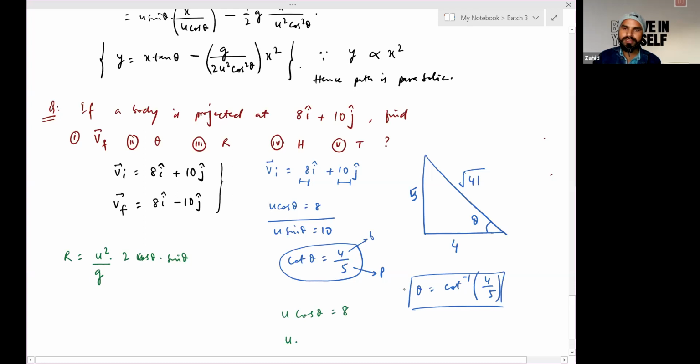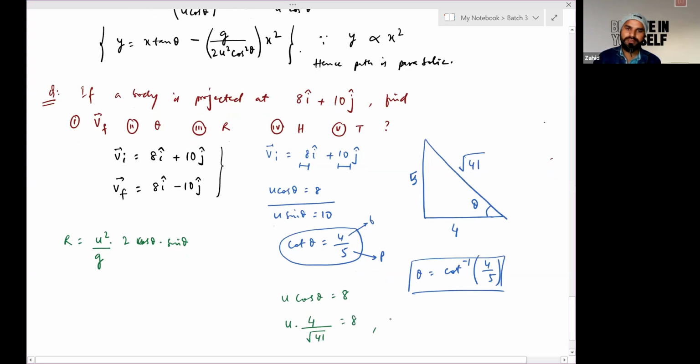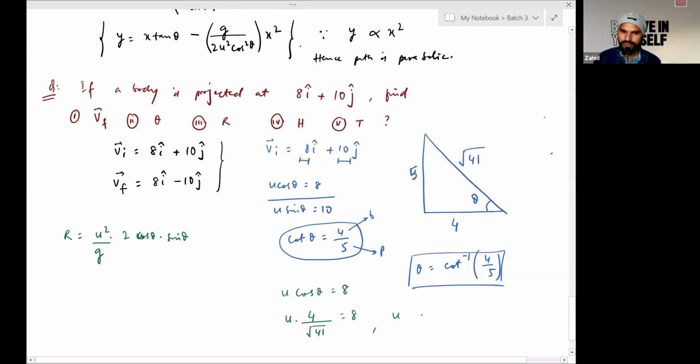U cos theta from this triangle would be base over hypotenuse, so it will be 4 divided by root of 41 equal to 8. On solving, you will get u equal to 2 root 41 meter per second.